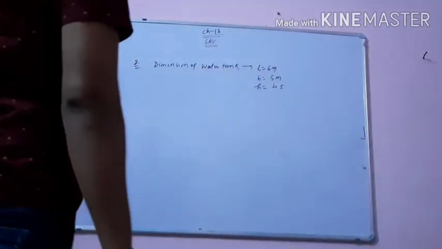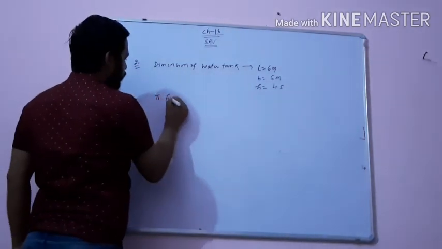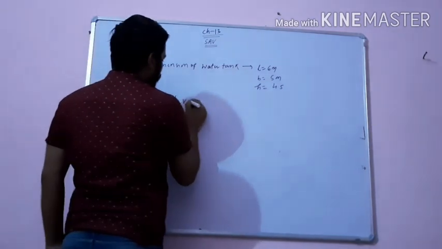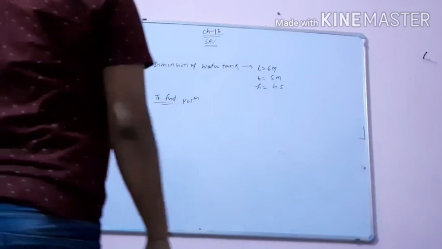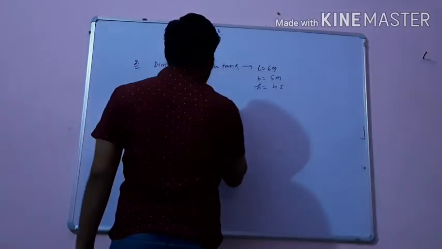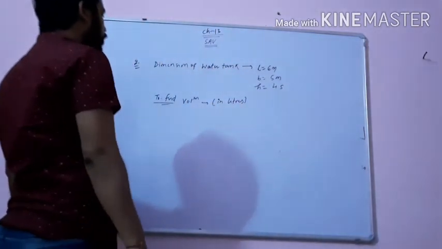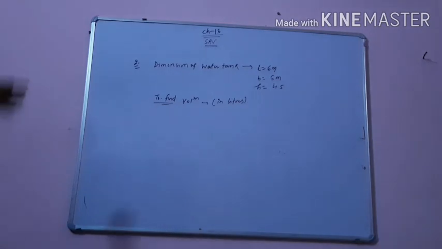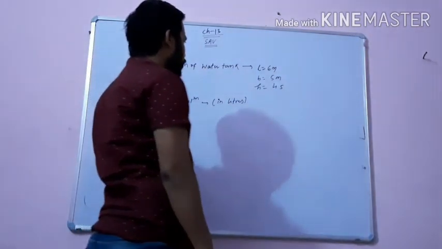We have to find volume. To find volume, but in liters. What we have to do? We have to find volume in liter. So here the water tank is in the shape of cuboid.